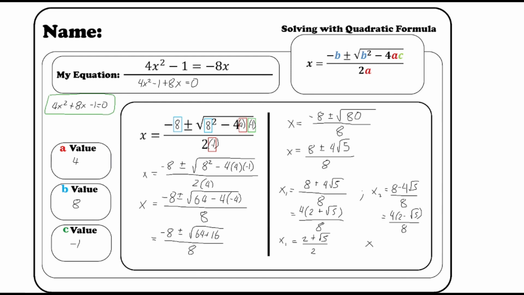So, ang lalabas is x sub 2 is equal to negative 2 minus square root of 5 all over 2. Okay, solution set. So, solution set natin ay negative 2 plus square root of 5 over 2, and negative 2 minus square root of 5 all over 2.